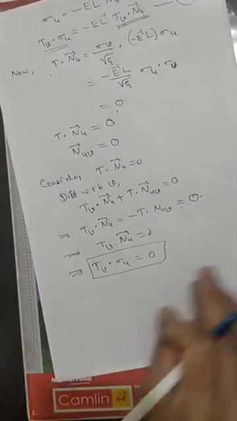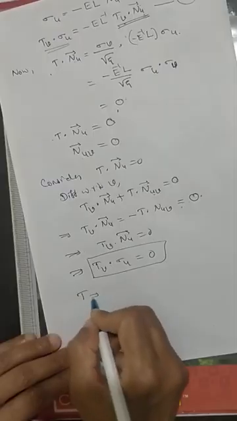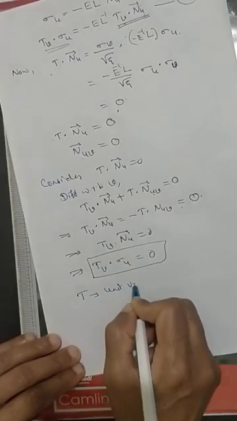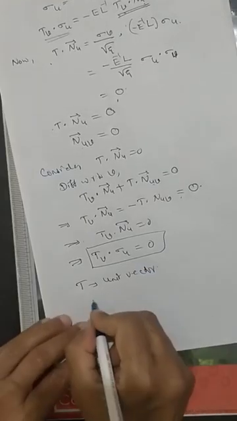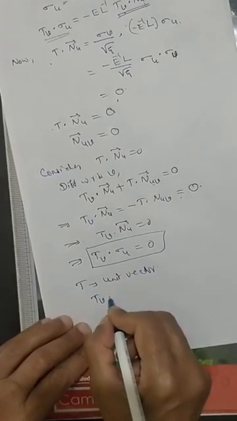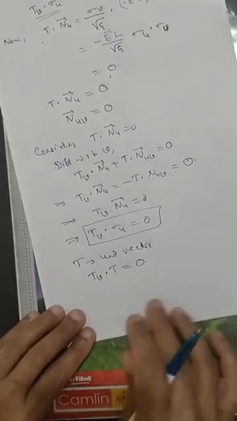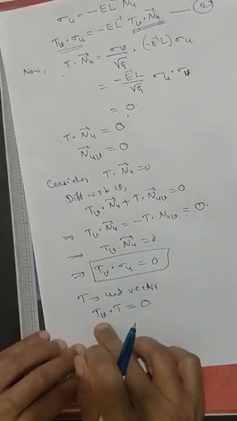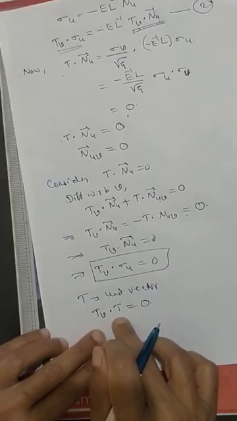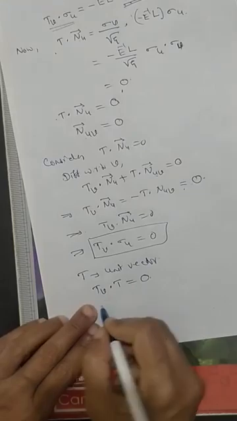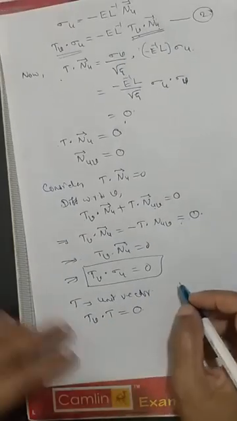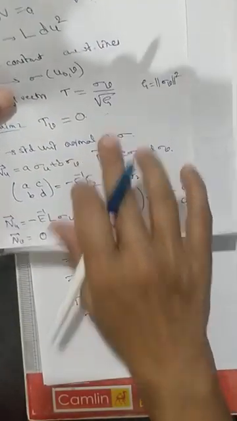Now T is a unit vector. We have considered T as the unit tangent vector, so it is a unit vector. So if you consider Tv, it is perpendicular to T, so the dot product of Tv and T is equal to 0 here. Once the dot product of Tv and T is equal to 0, what is T here? T is sigma v divided by square root of g, right?